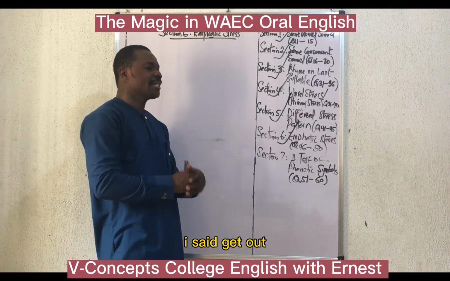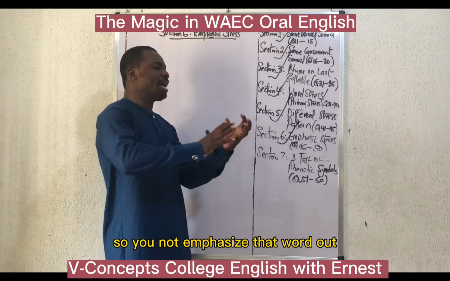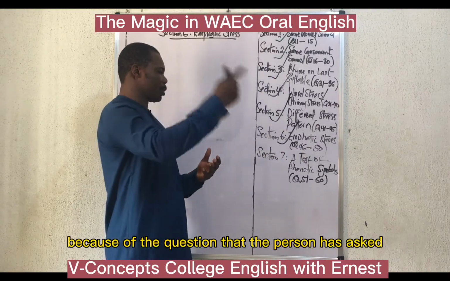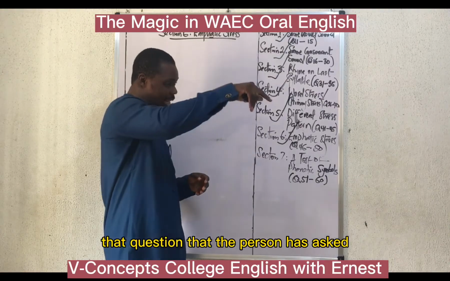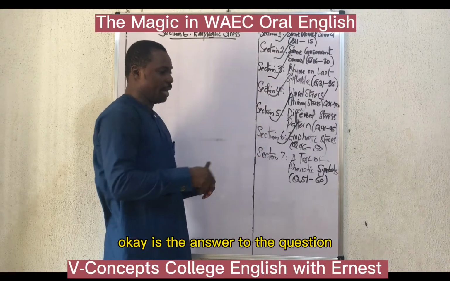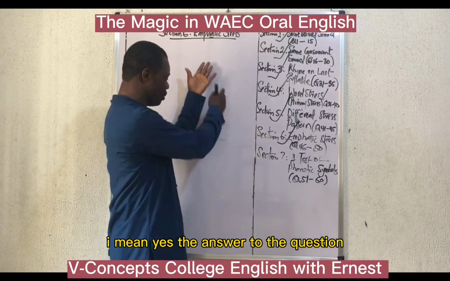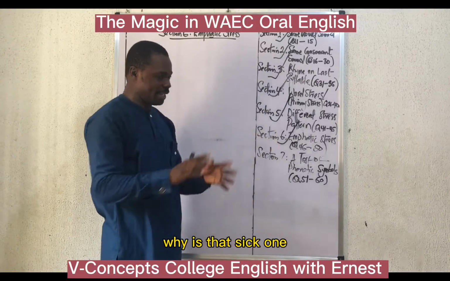I said, get out. So you now emphasize that word out because of the question that the person has asked. That word is the answer to the question. Yes, the answer to the question that you are being tested on in WAEC. It's as simple as that.